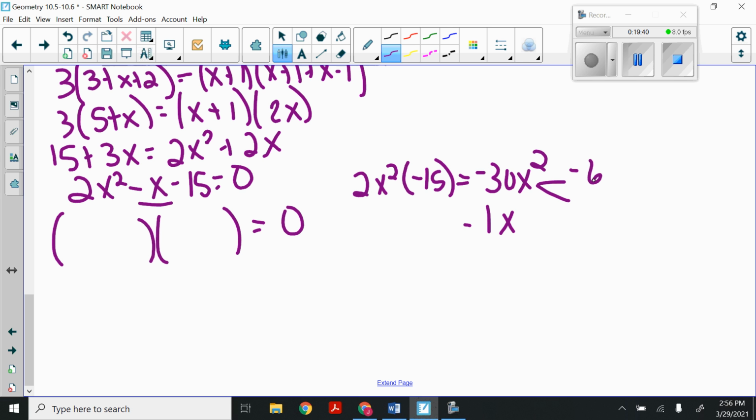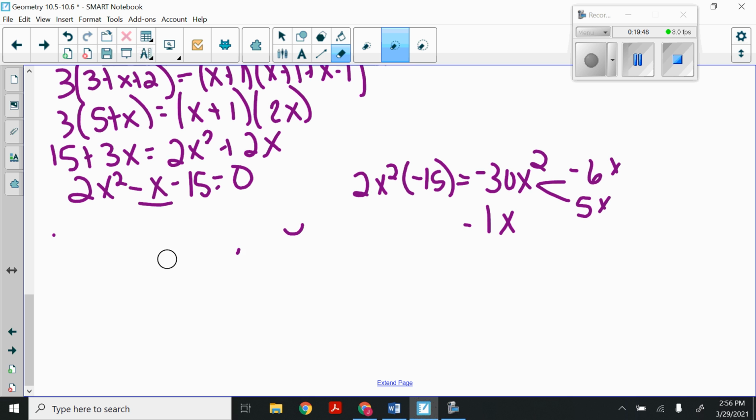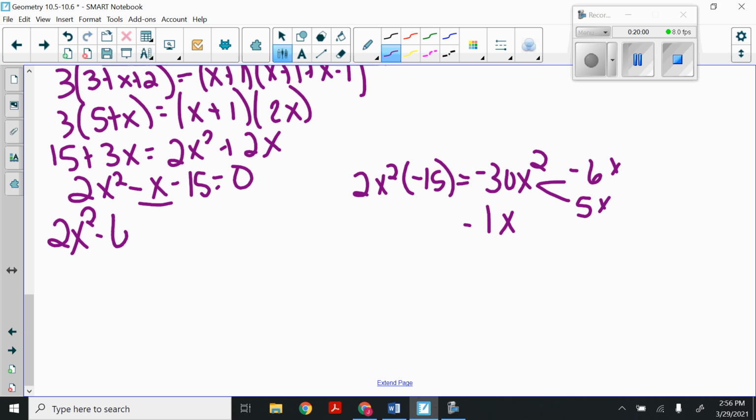That's a negative 6 and a positive 5. So I'm going to rewrite this, including -1x as -6x and +5x. So 2x squared minus 6x plus 5x minus 15 equals 0.